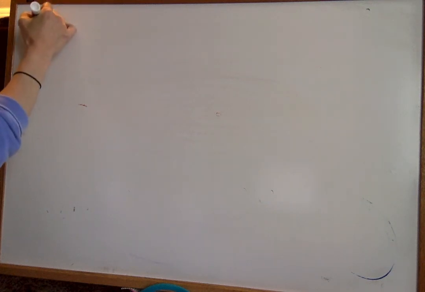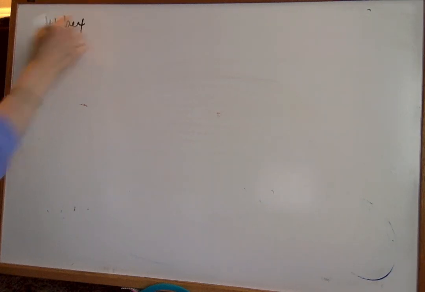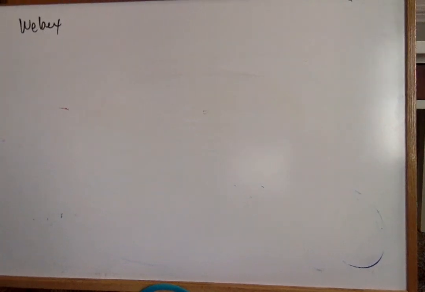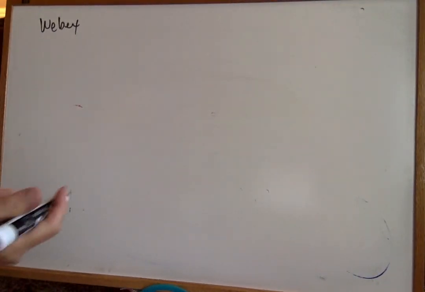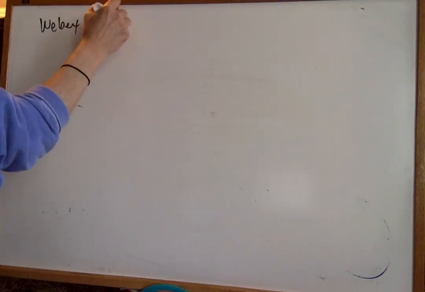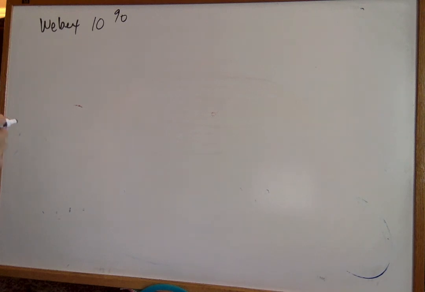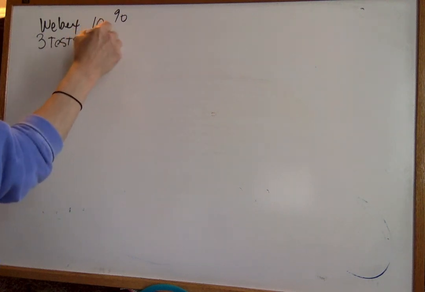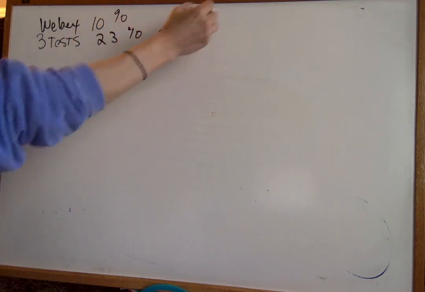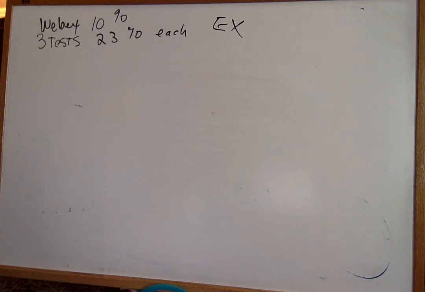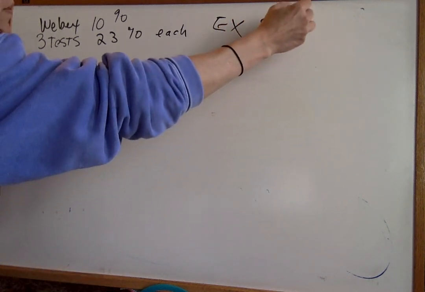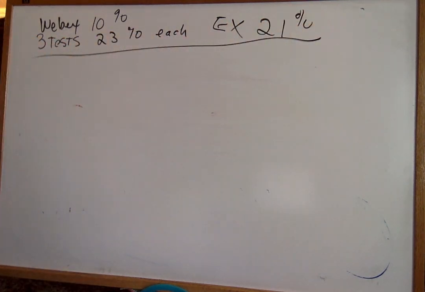We're going to have some mandatory WebEx meetings, so as long as you attend those, it's kind of like attendance, right? Is 10%, 3 tests, 23% each, and the exam is 21%. I just don't want to forget what my percents were.